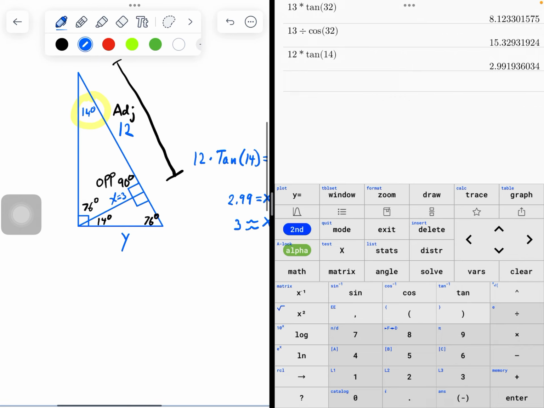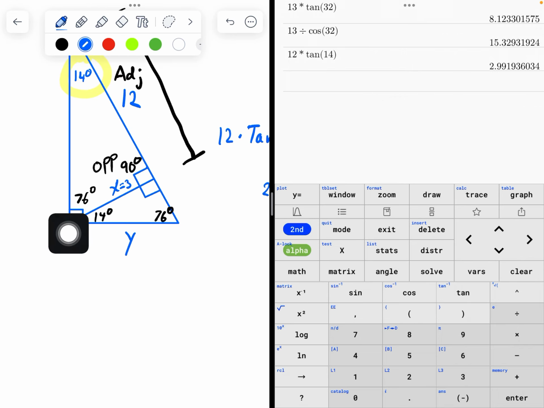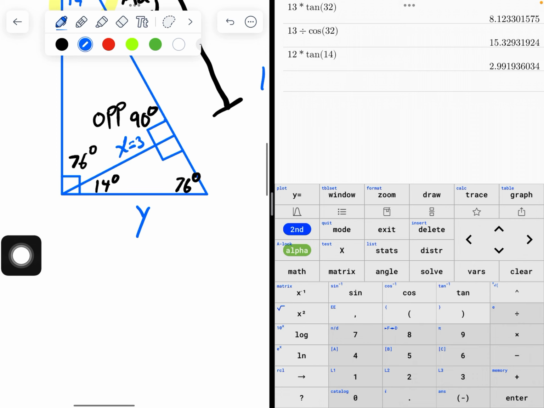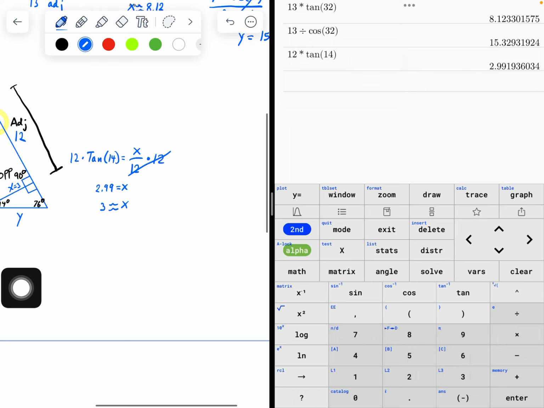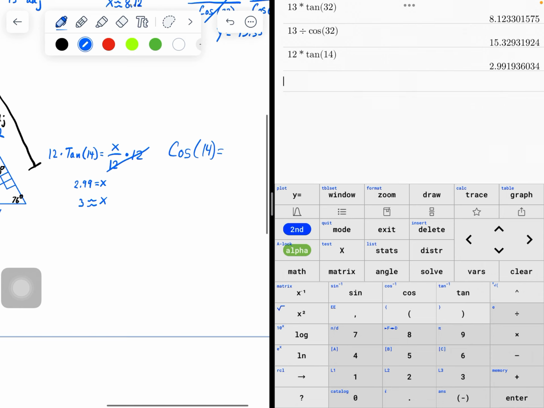So now we got to find y, but now that I know this side, I can use the other angles in the small triangle to find the third or the second side. So here, if I'm looking at 14 again, that would make x my adjacent and y would be my hypotenuse because it's across from the right angle. So then I want to use cosine for this one. So I'm going to do the cosine of 14 is equal to 3 over y.